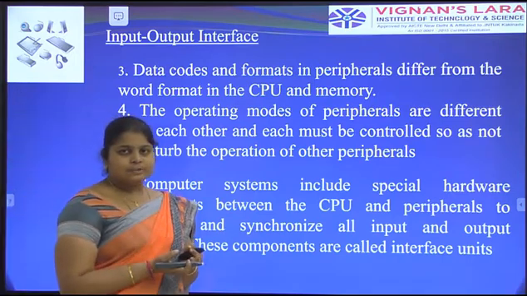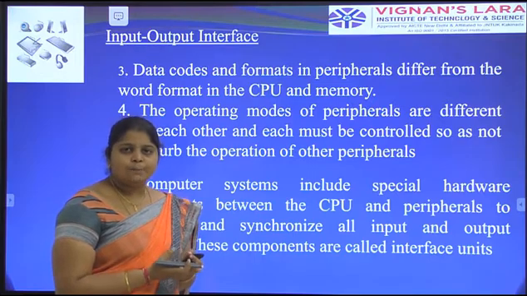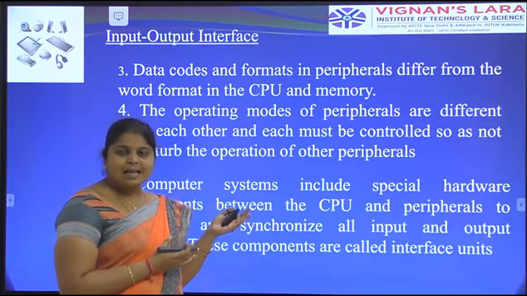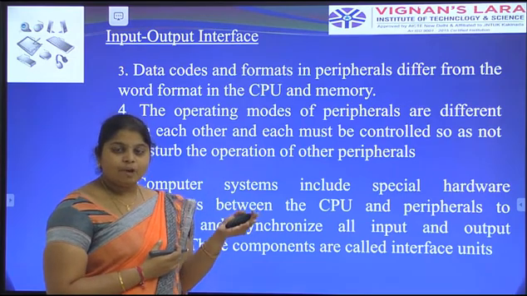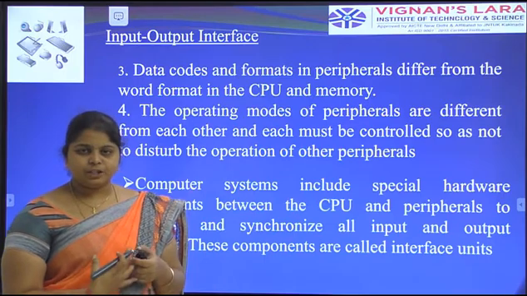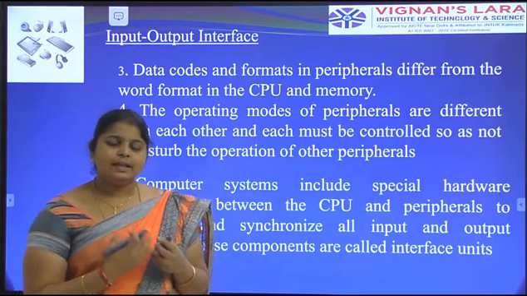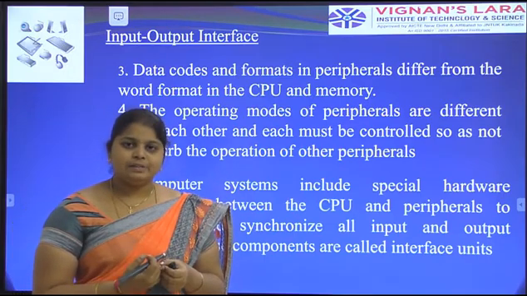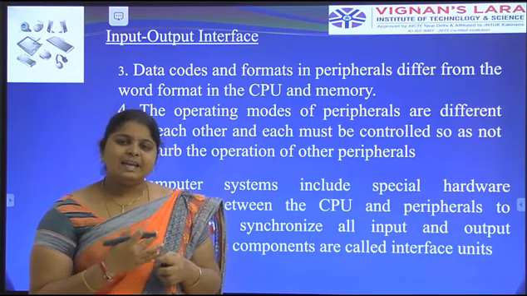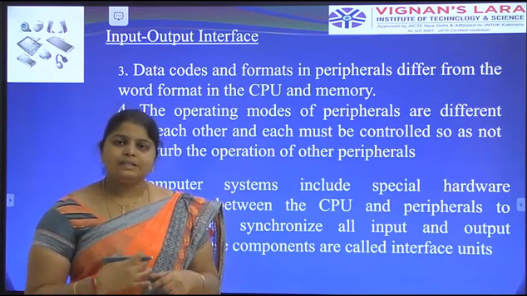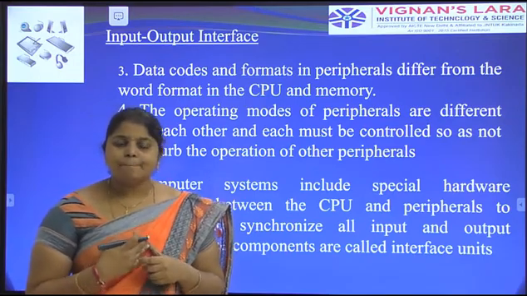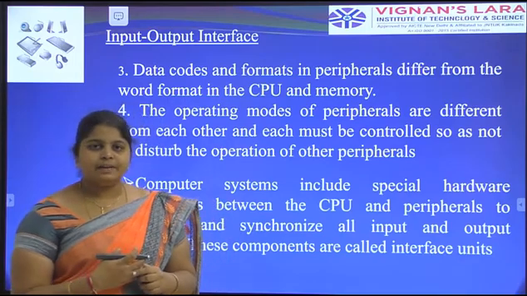Input devices have data formats in the form of bytes, while the CPU and memory have words and can access more information. Input devices are very slow compared to the CPU and memory.